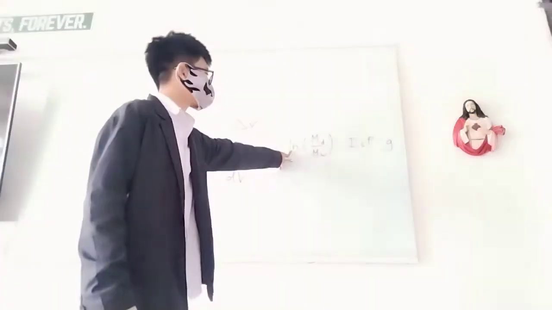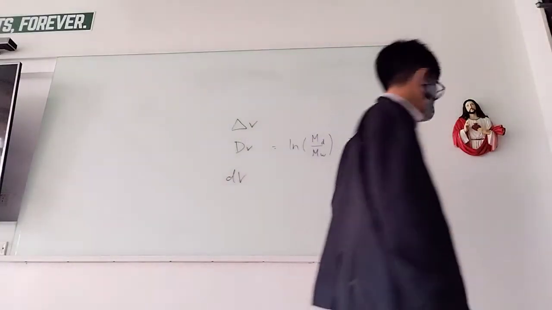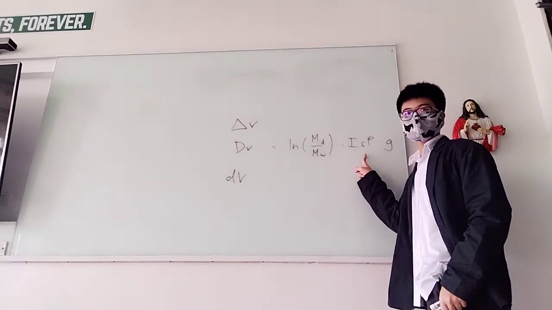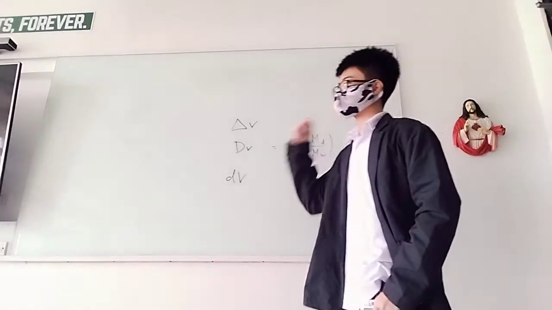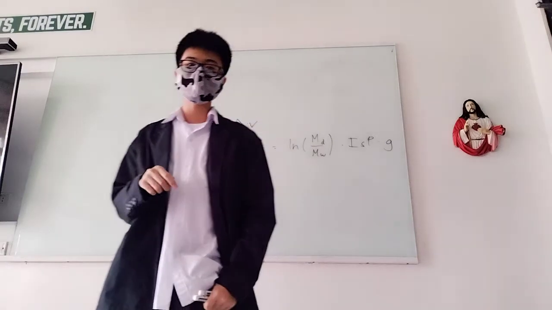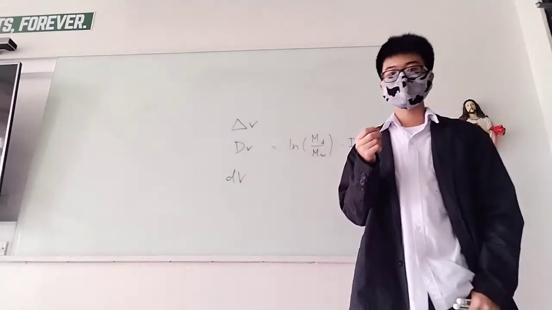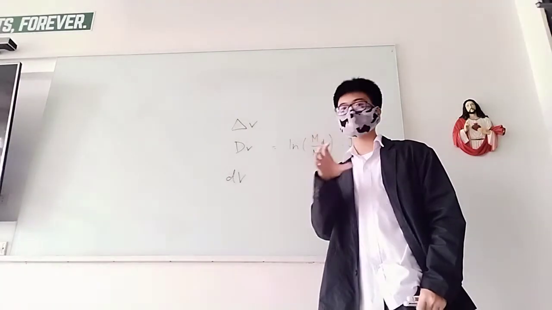Just take the natural log of the ratio between these two and multiply that by the engine's specific impulse. Basically, the specific impulse of an engine is how long it can run on a quantity of fuel.